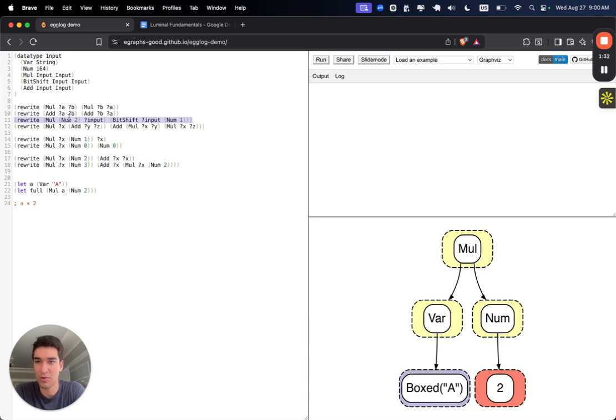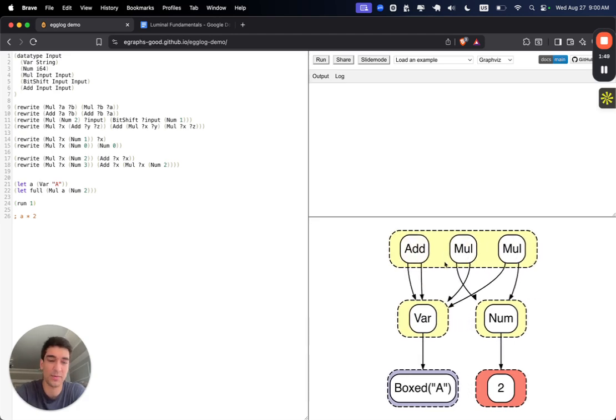So if you're multiplying any number by 2, this is the same as bit shifting that over by 1. And so the way that we can start to expand our search space is we run these rewrite rules on the graph. So I'll go ahead and run it and then explain what's happening.